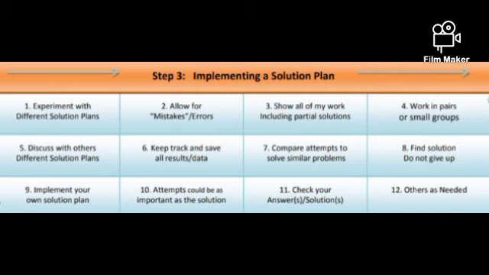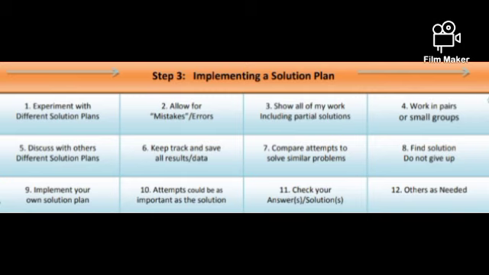Number one, experiment with different solution plans. This implies that you have to have more than one solution plan. And you may also collect different solution plans.